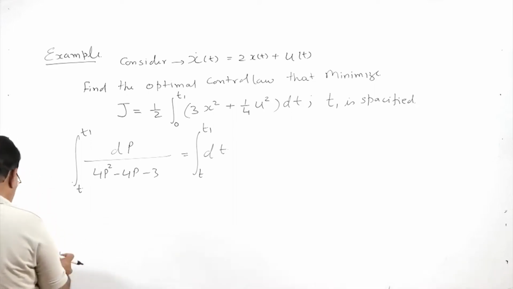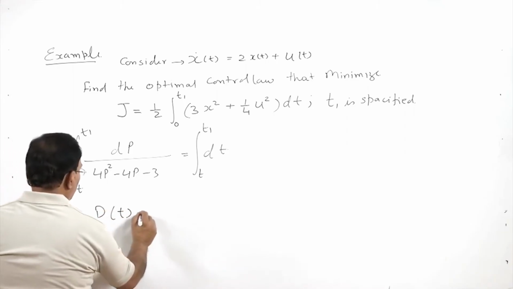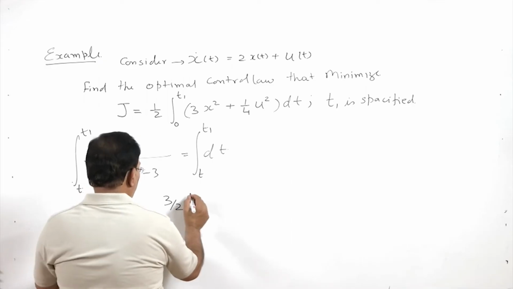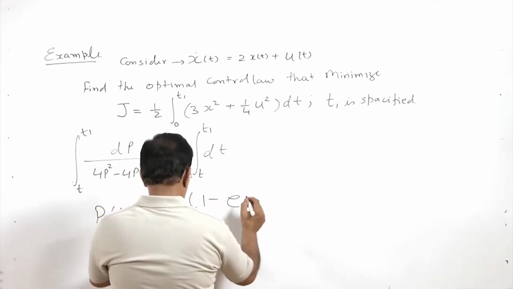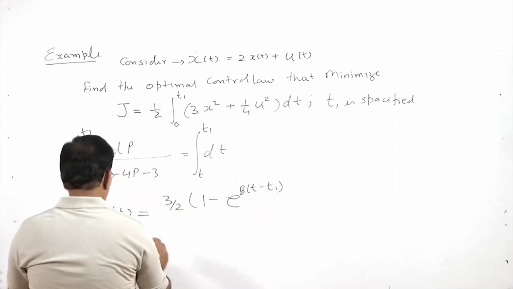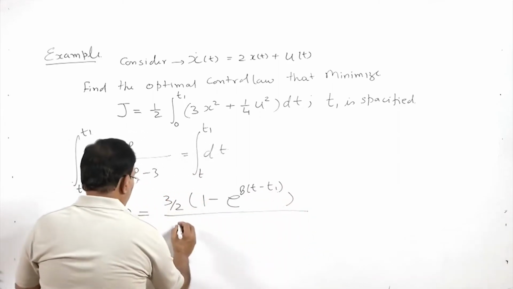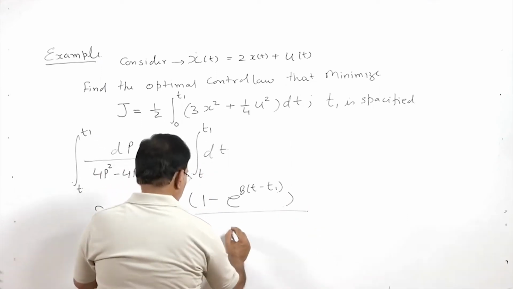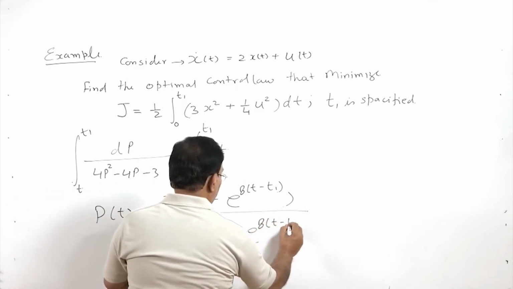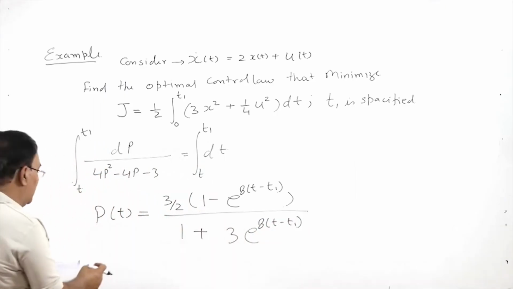With this, if I calculate, my P(t) comes out to be 3 by 2 times 1 minus e to the power 8 (t minus t1), the whole divided by 1 plus 3 e to the power 8 (t minus t1). So, this will be my P(t).